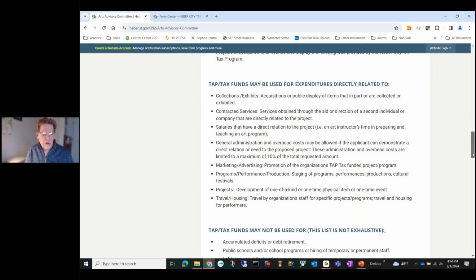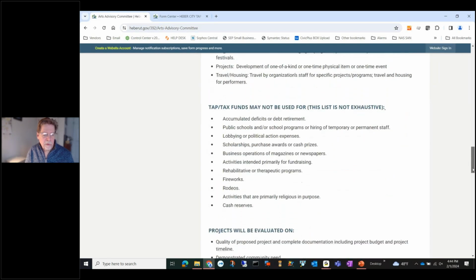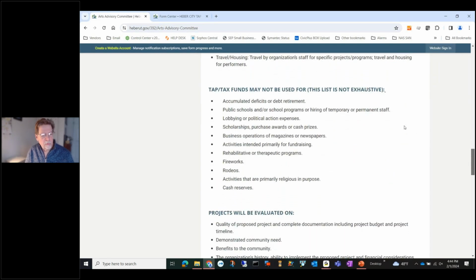So this is not an exhaustive list, but it is offered as guidance: funds may not be used for accumulated deficit or debt, for things that are funded and part of public school or school programs that are already receiving their funding through the public school program, or hiring of temporary or permanent staff, understanding that again, we've encouraged that salaries can be part of it.